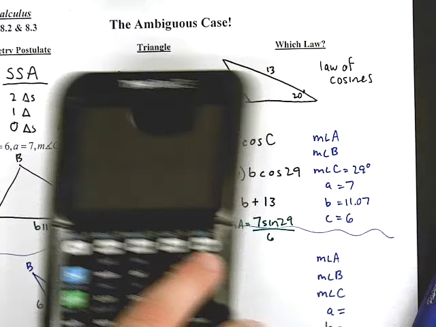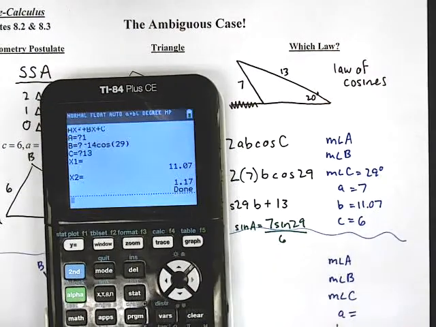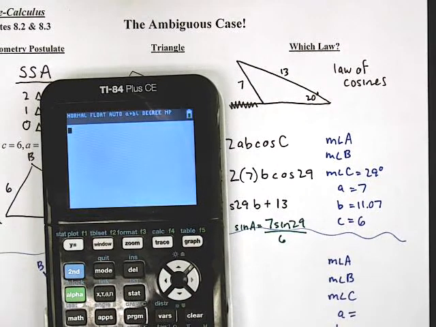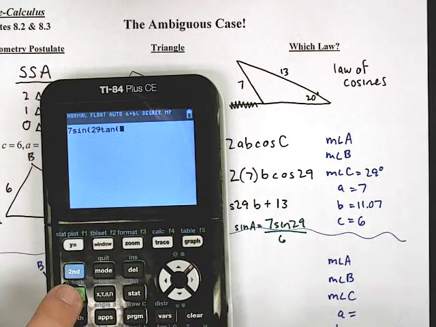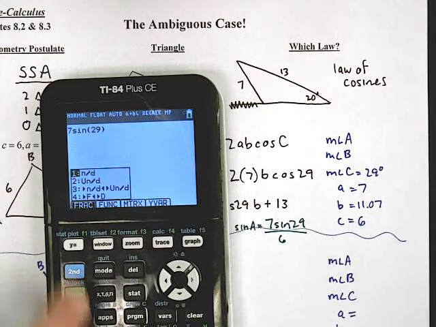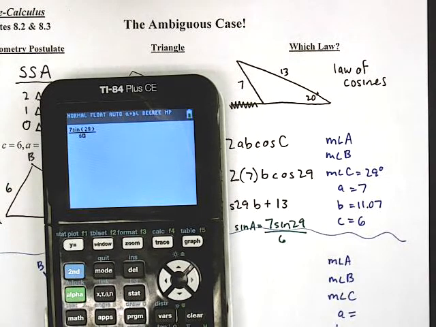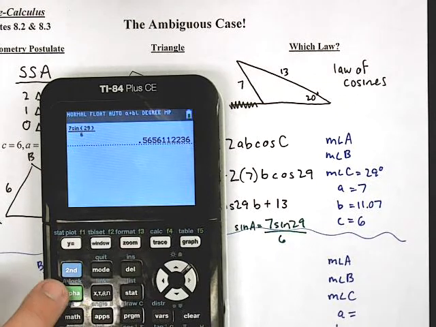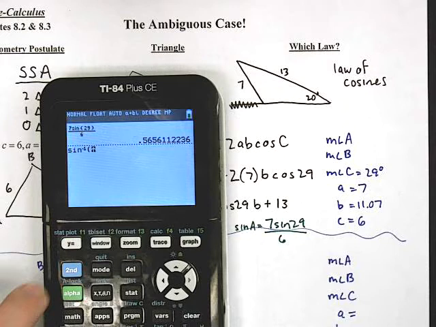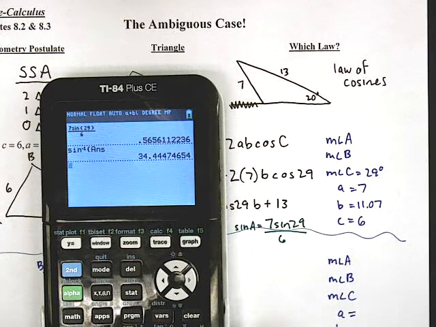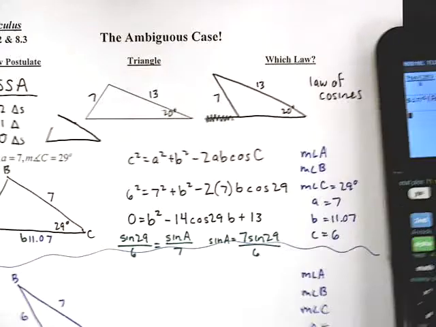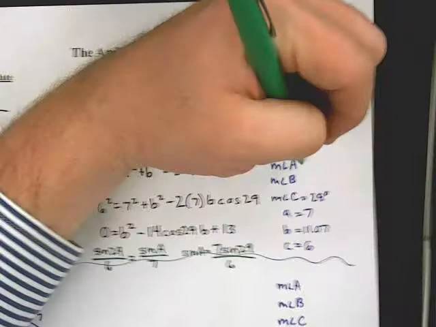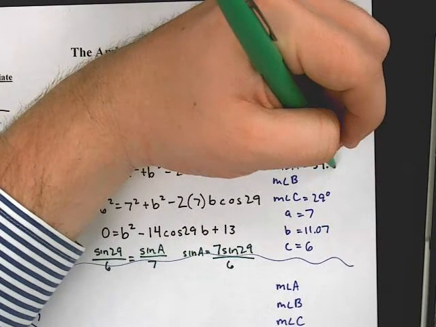So let's do that on the calculator. 7 sine 29, whoa, not tangent, all over 6. So now I know that the sine of A is 0.5656, but I don't want the sine of A, I want A. So I need to take the inverse sine, and I get 34.44. So angle A is 34.44 degrees.